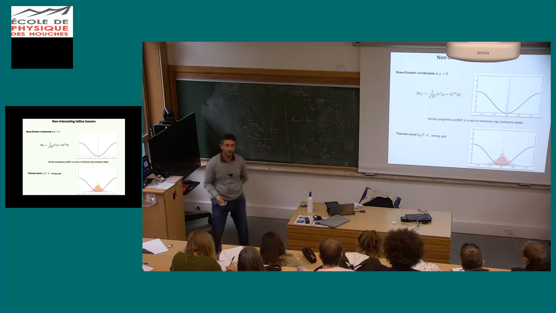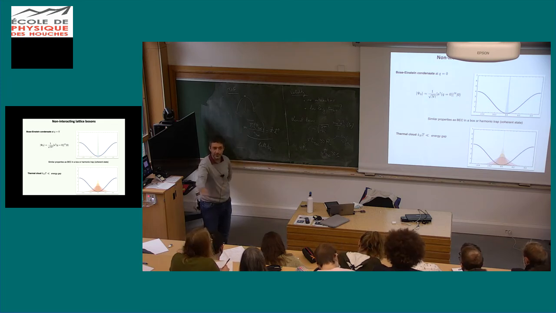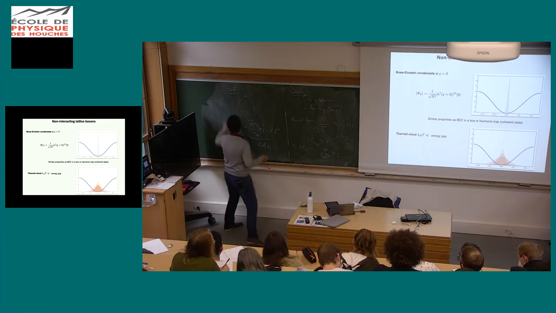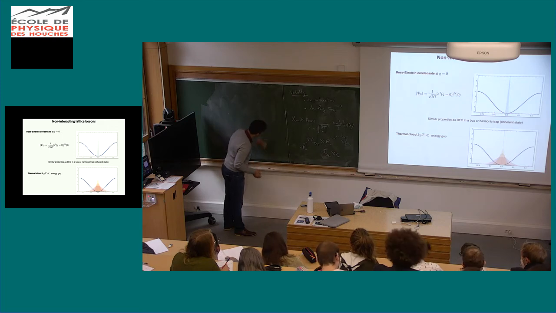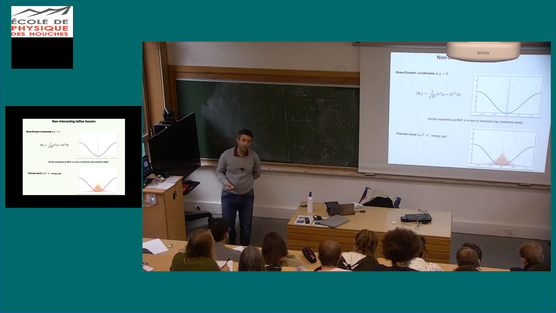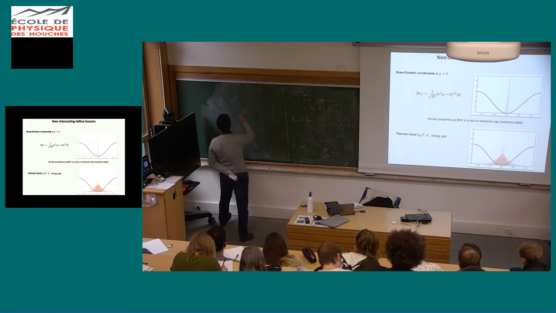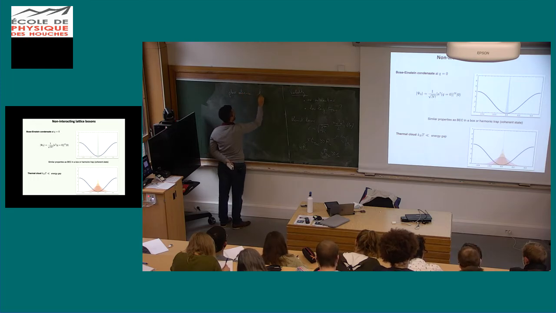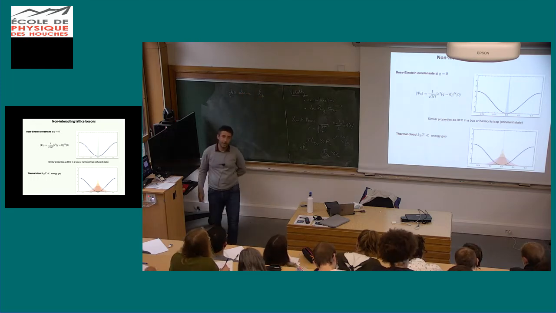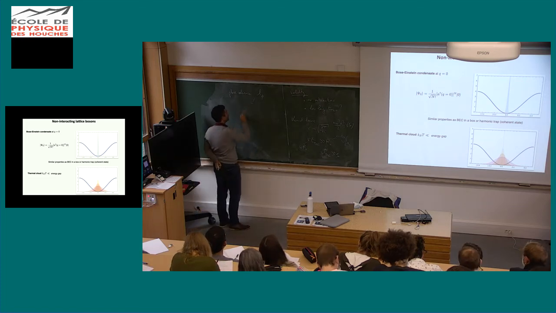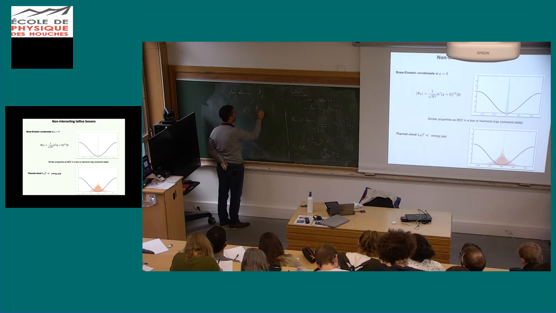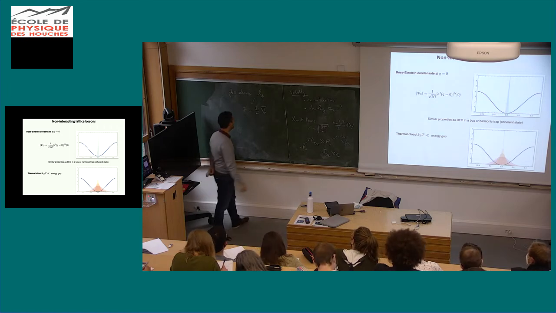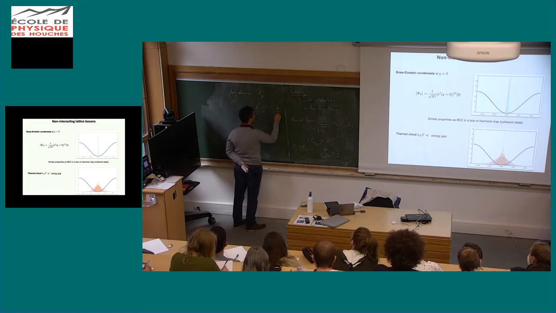And this is often what people use to say, well, this is a long time of flight to get the initial momentum distribution. But this is not correct. The reason is the following: if you have some phase coherence in the trap, with a phase coherence length L phi, then this gives rise to velocity fields of the order of h bar over m L phi.